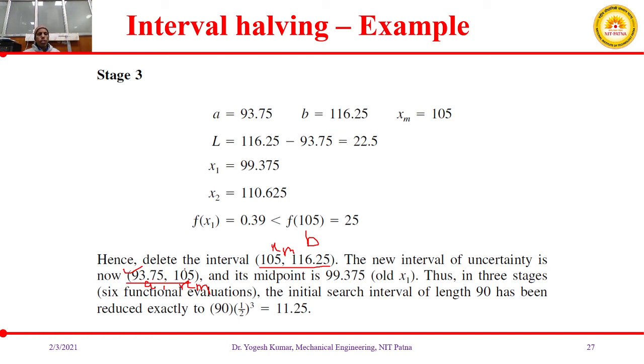This is the value of a, this is the value of xm, and if you see the difference of these two values, that is the length. So what is the length of the search interval now? This will be 105 minus 93.75. If you calculate this value, it is coming around 11.25.